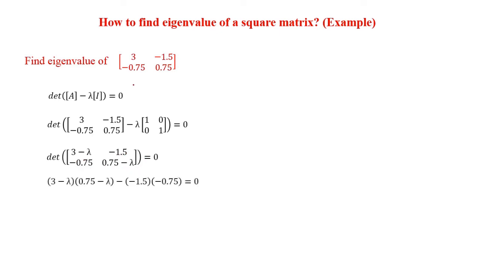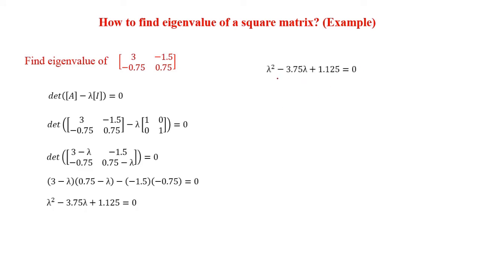If you open this determinant, you will get (3 minus lambda) times (0.75 minus lambda) minus (minus 1.5) times (minus 0.75) equal to 0. And if you open this bracket, you will get lambda square minus 3.75 lambda plus 1.125 is equal to 0. Let's rewrite this equation here also.